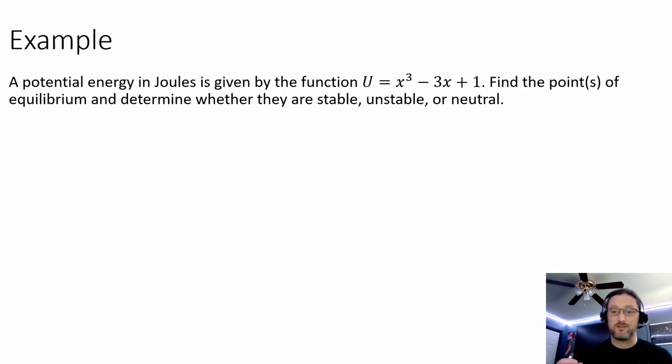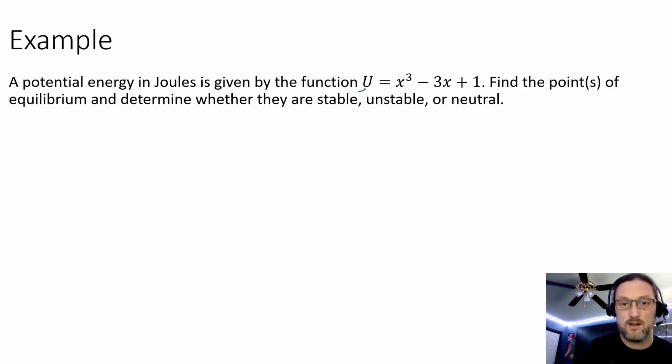The only difference is what we call them, right? We find the positions of these maximums and minimums, and we call those equilibrium positions. Then we evaluate the curvature with that second derivative, and we judge whether those equilibrium positions are stable, unstable, or neutral.